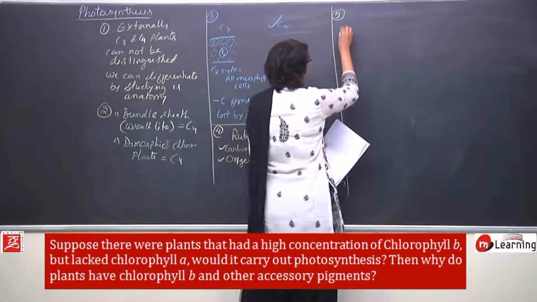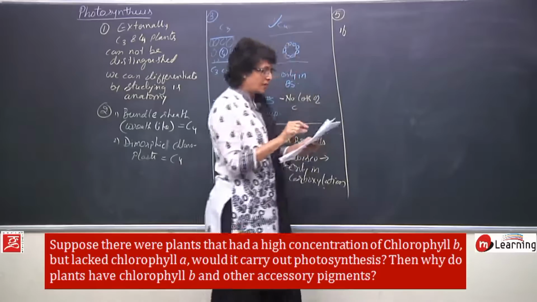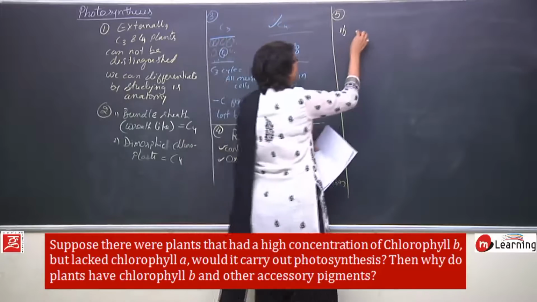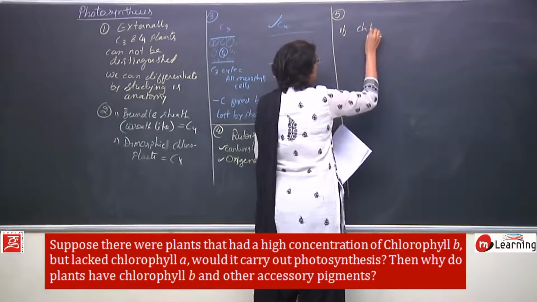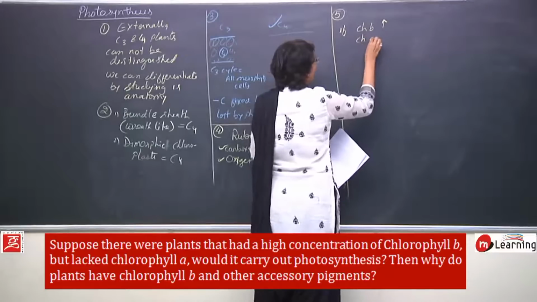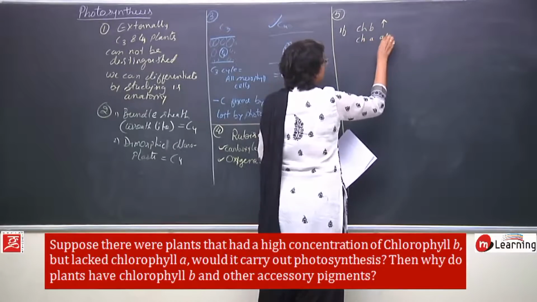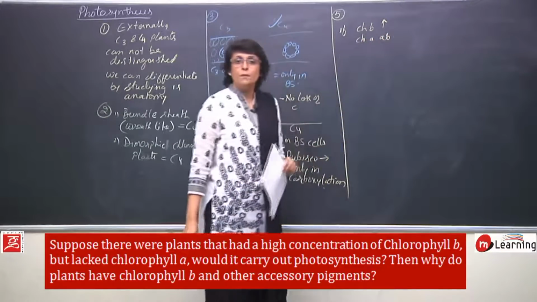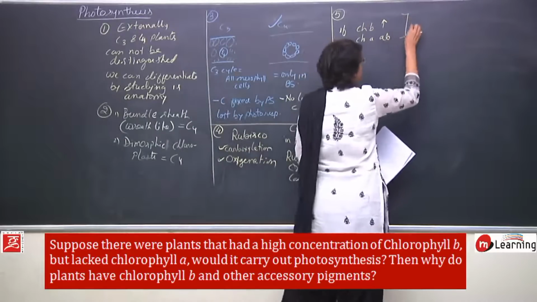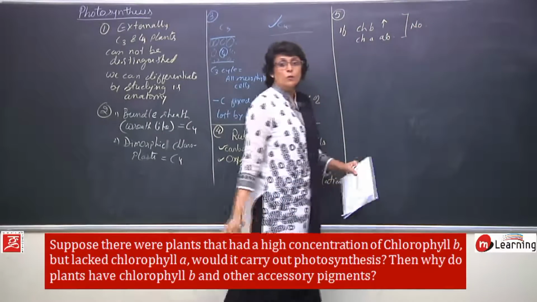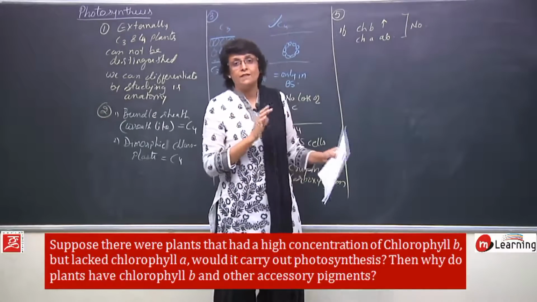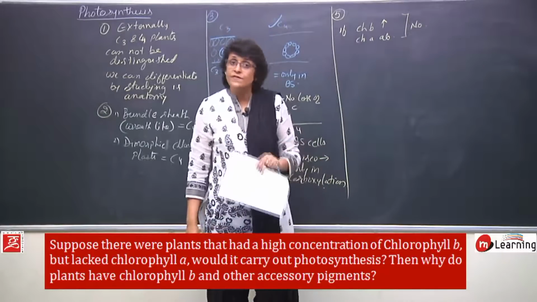So, if chlorophyll B is very high and chlorophyll A is absent, will the plant perform photosynthesis? The answer is no. Why is the answer no? We cannot stop after writing no, this plant will not perform photosynthesis. We have to give justification.